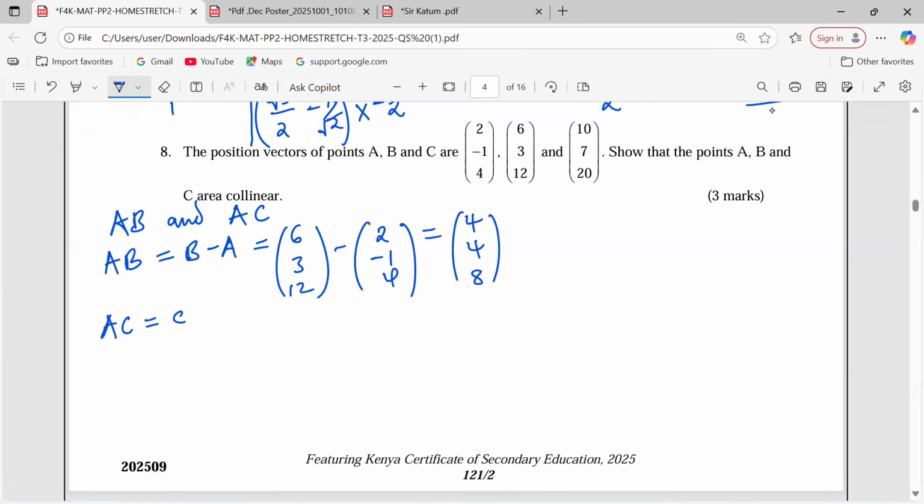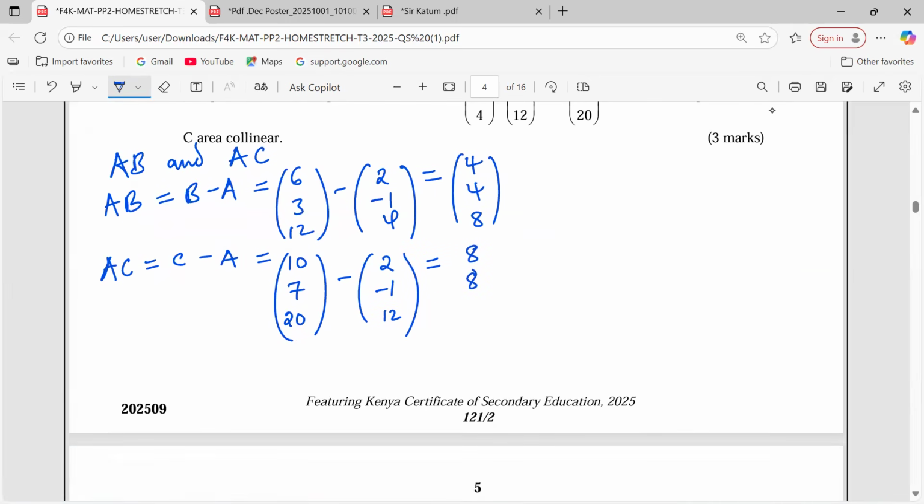We need position of C minus the position of A. So 10, 7, 20 minus A, which is 2, negative 1, 12. Now this gives us 8, 8, 8, and let me check the value there.